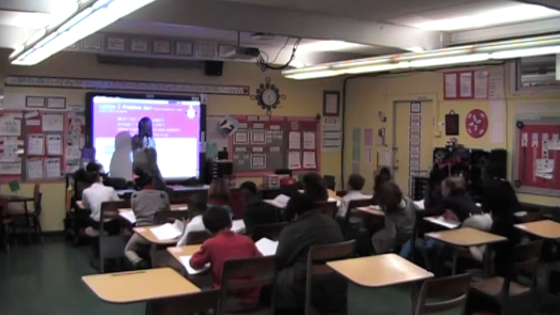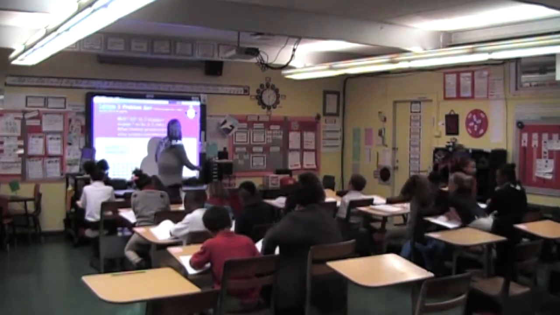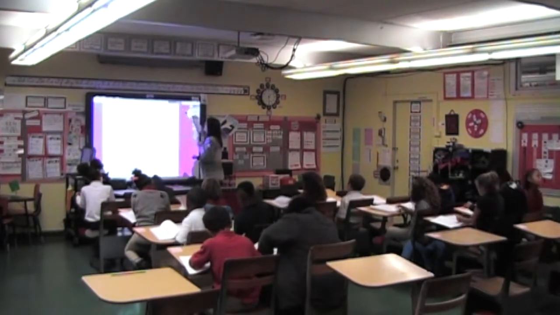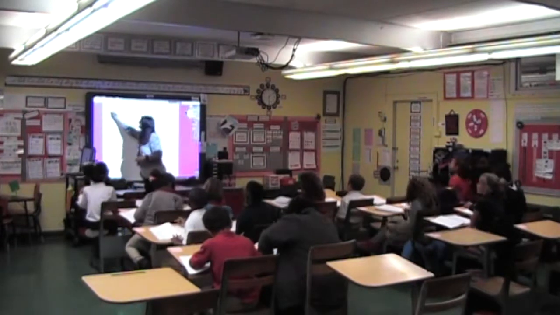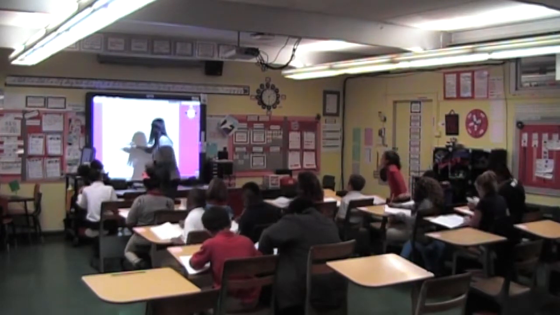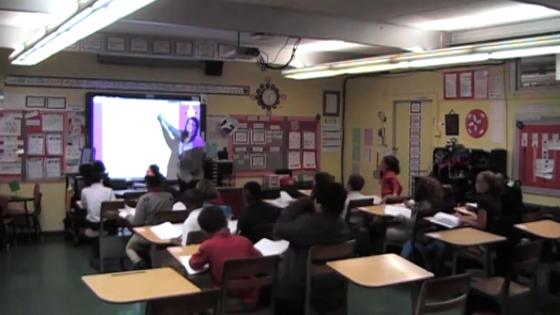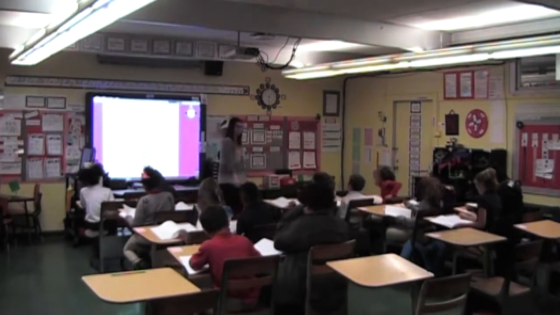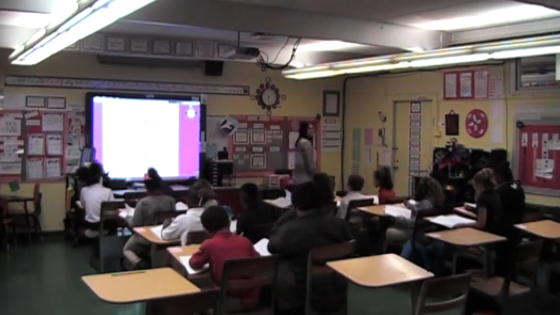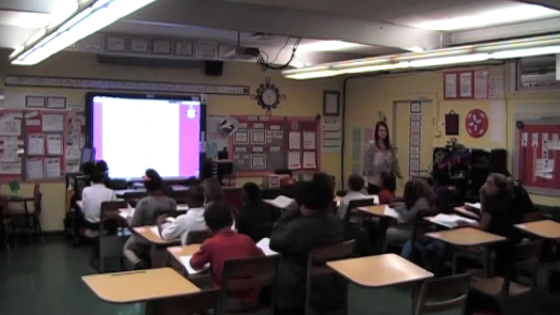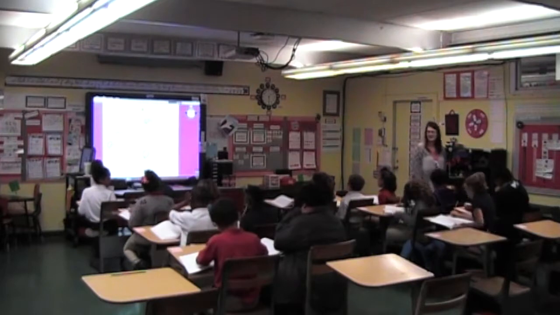You're going to do 3A, D, H, and K, okay? Miss Darby wants to go over G with you before you begin. So turn your page to page 7 and we're going to look at G really quickly before we begin.